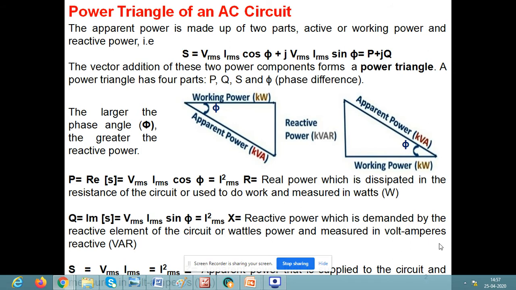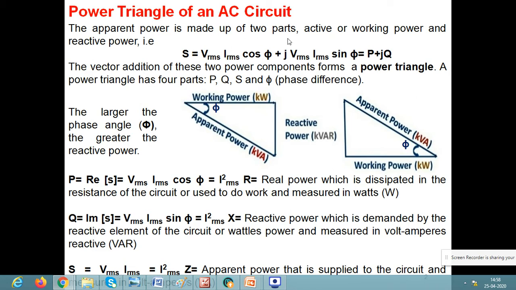We have seen in the last class a power triangle, which I am again mentioning here to explain the concept of power, and then we'll discuss how the power factor comes into the picture. As we have seen, the apparent power is made of two components.